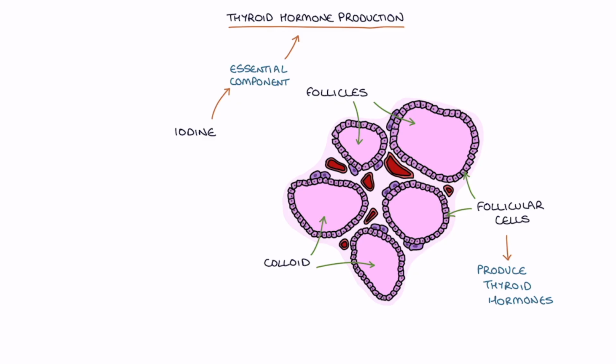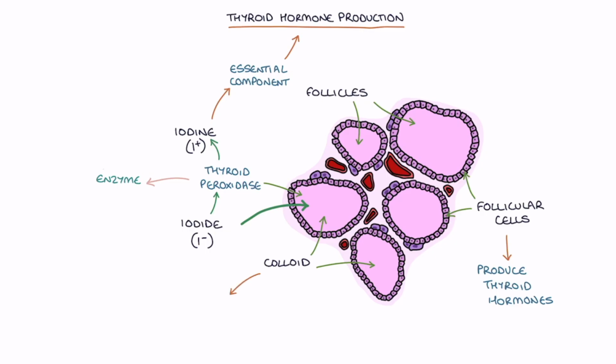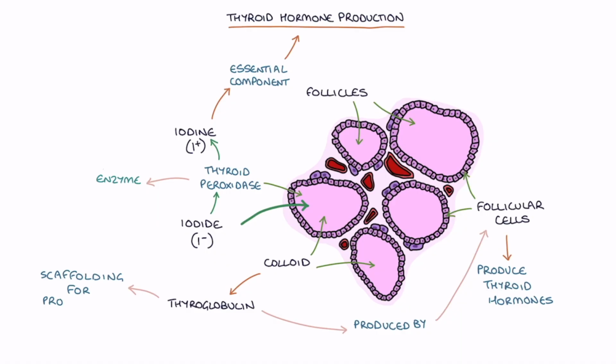Iodine enters the follicular cells and the colloid as iodide, or I-. Thyroid peroxidase is an essential enzyme in the colloid that oxidizes iodide, or I-, to iodine, or I+. The colloid contains an important protein called thyroglobulin. Thyroglobulin, which is produced by the follicular cells, acts as a scaffolding structure for the production of thyroid hormones.